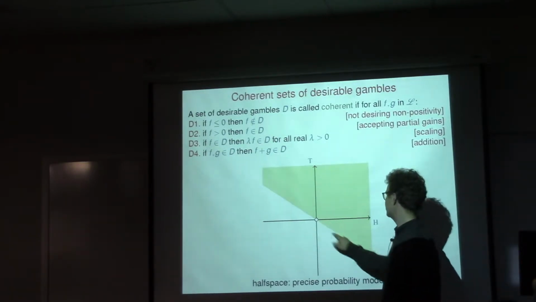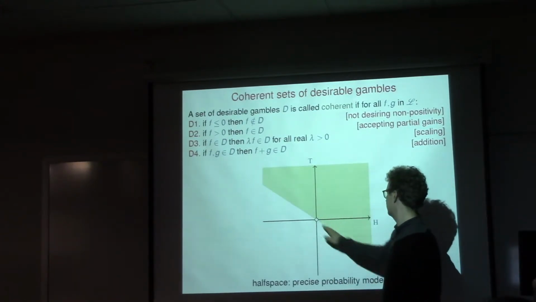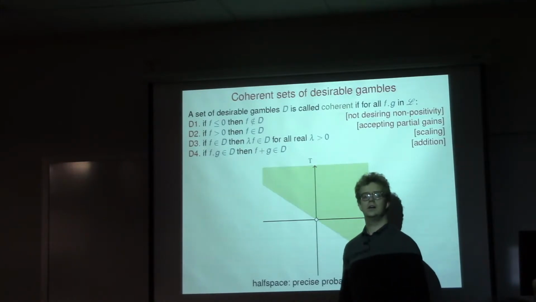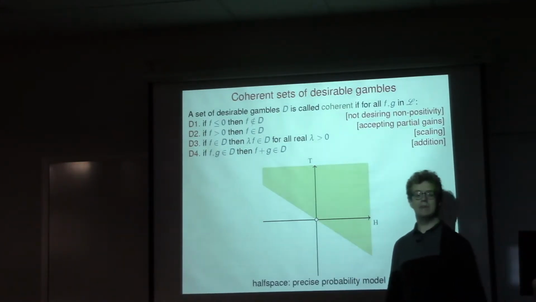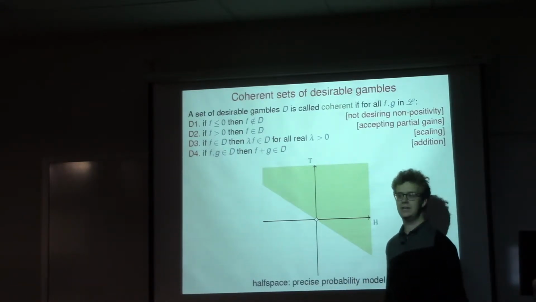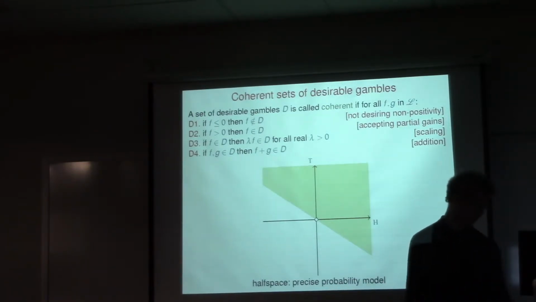Because I haven't said anything about the border. It might be that one border is included, another one not, but I will not go into this in this presentation. Such maximal sets of reliable gambles correspond to a precise probability model, as we will see later on.